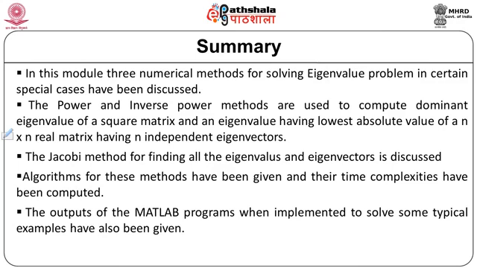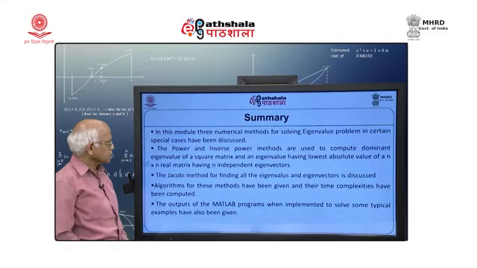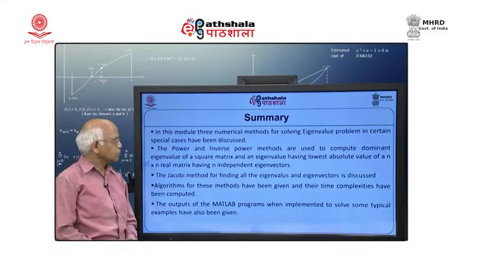In summary, in this particular module we have discussed numerical methods for solving the eigenvalue problem for certain special cases. The power and inverse power methods are used to compute the dominant eigenvalue of a square matrix and the eigenvalue having the lowest absolute value of an n cross n real matrix having n independent eigenvectors.